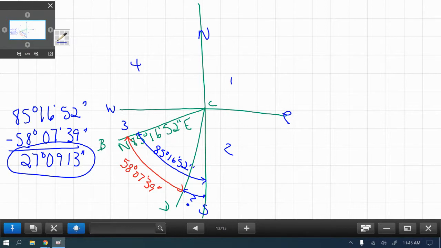So I'm going to save these PowerPoints, email them to you, and I'll upload the video to my YouTube, and then I'll put it in Blackboard, maybe under Module 5, which is bearing angles and azimuths.